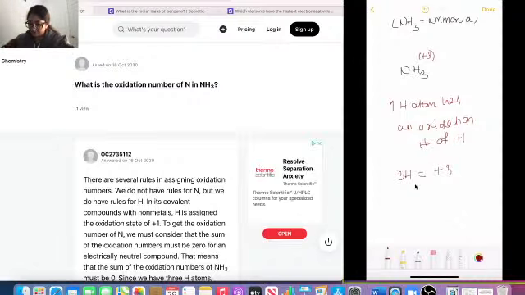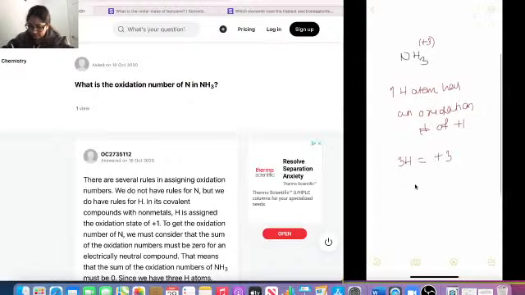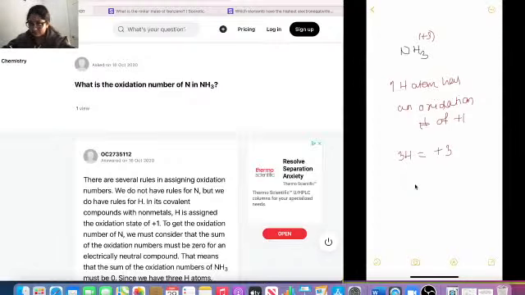To get the oxidation number for nitrogen, we must consider that the sum of the oxidation numbers must be 0, because this is a neutral compound. Since we didn't put any charge on nitrogen yet, the compound is at a charge of +3. To balance this or make this 0, nitrogen has to be a number that can balance out the 3 and become 0.